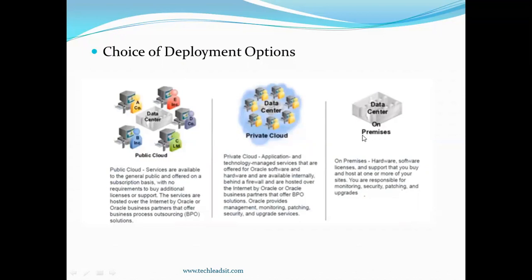Oracle just provides an application and support for the application, and everything is maintained on-premise, like hardware, software licenses and support that you buy and host at one or more of your sites. Whatever we are working with in the EBS application, we are very familiar with our on-premise systems. We buy the application from Oracle, and they provide support for the application, and the hardware services and the DBA tasks, everything is maintained by the organization itself, which is in on-premise systems.